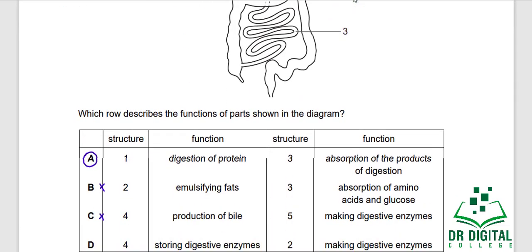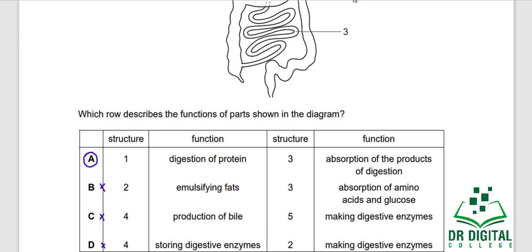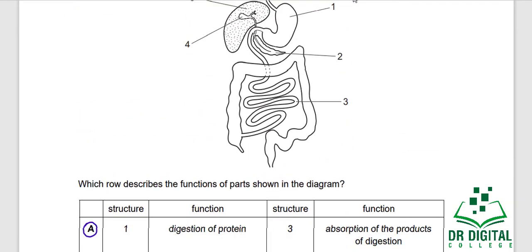Liver is not making any digestive enzymes. It's producing only bile. Bile has no enzymes. 3 is absorption of the amino acids and the glucose. Yes, that is true for 3, but we have already made B, C, D wrong because they are not matching. So the answer for question 10 is A.